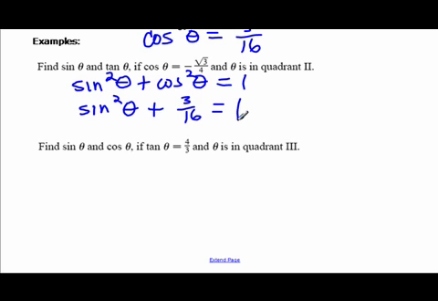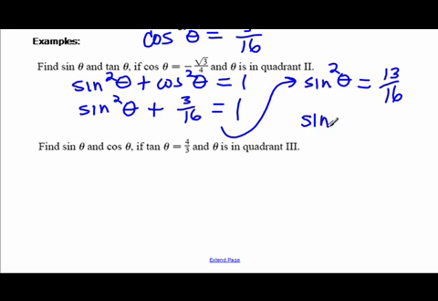Solve this for sine squared. I'm going to subtract 3/16 from both sides. So sine squared theta, what's 1 minus 3/16? Well, that's 16/16 minus 3/16, which is 13/16. Take the square root of both sides, and we get sine theta.